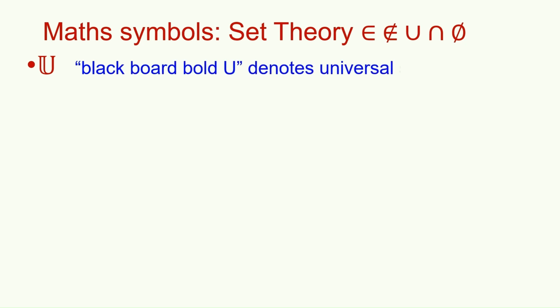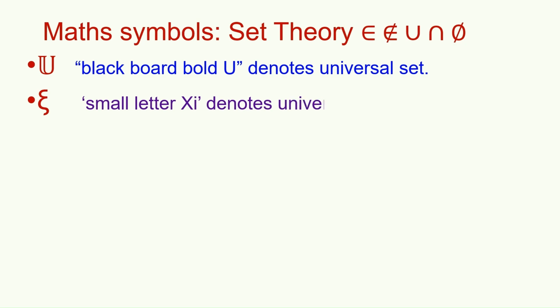Blackboard bold U denotes a universal set. Xi, small letter xi, also denotes a universal set.